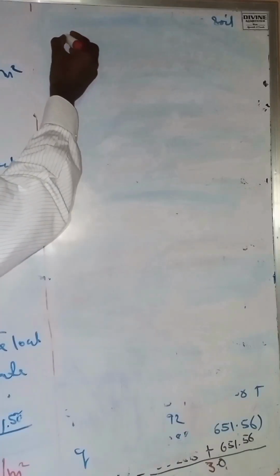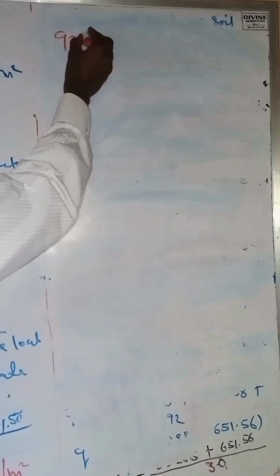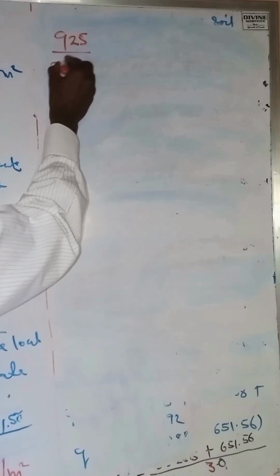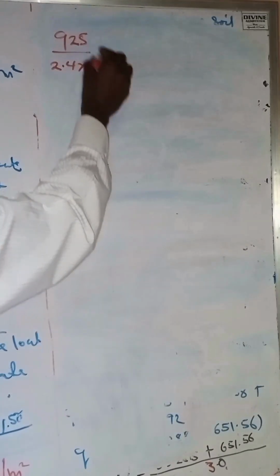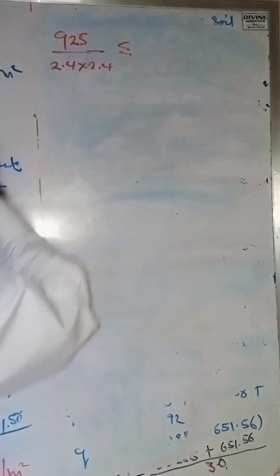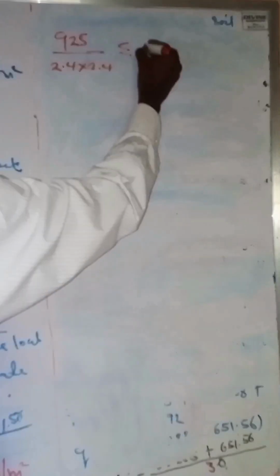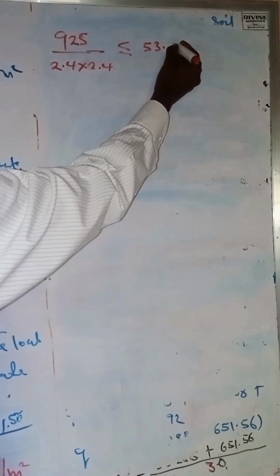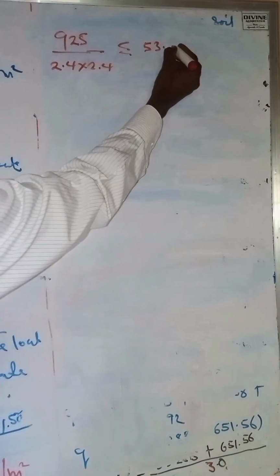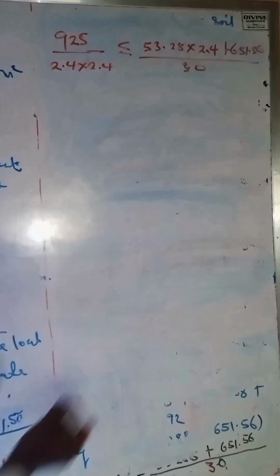Our stability requirement says our 925 over 2.4 by 2.4 must be lesser than 53 point divided by 3.0.